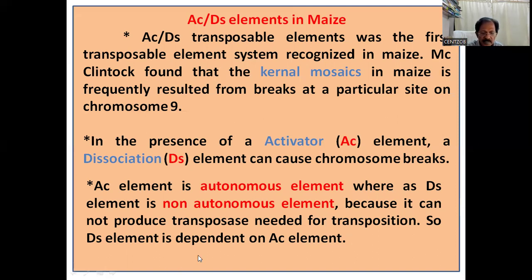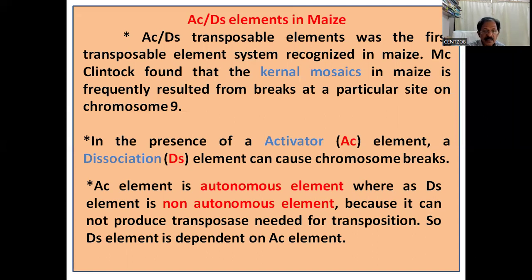So the Ds element is dependent on the Ac element. Details of the Ac/Ds element we shall study in a separate class. Autonomous and non-autonomous elements are also seen in retrotransposons. For example, LINEs are autonomous and SINEs are non-autonomous. That we shall study in the retrotransposon class.